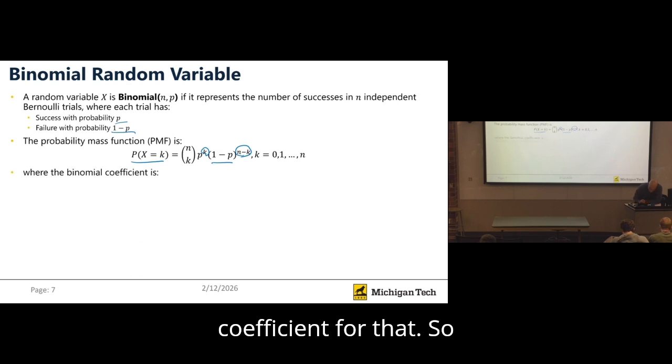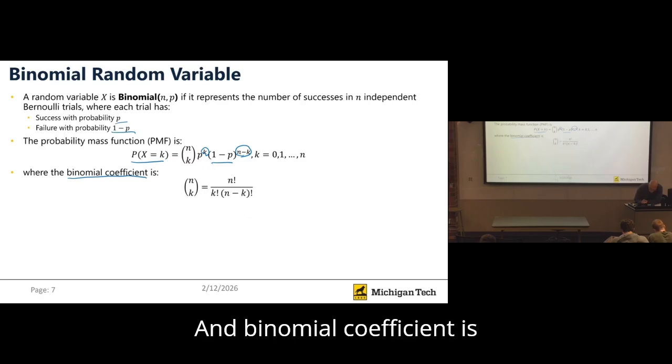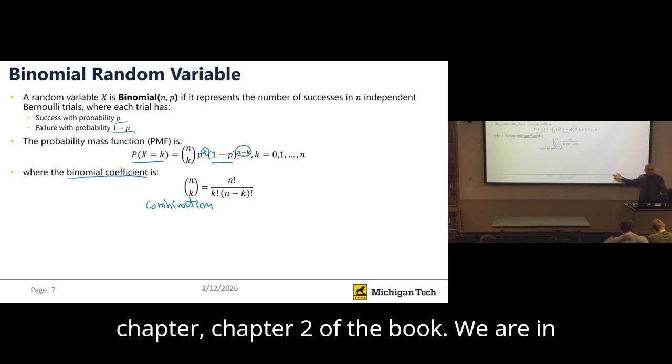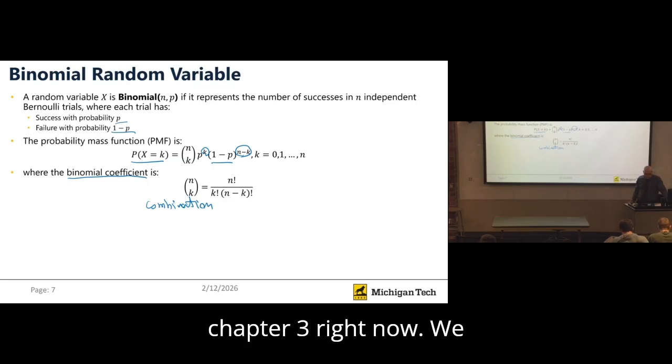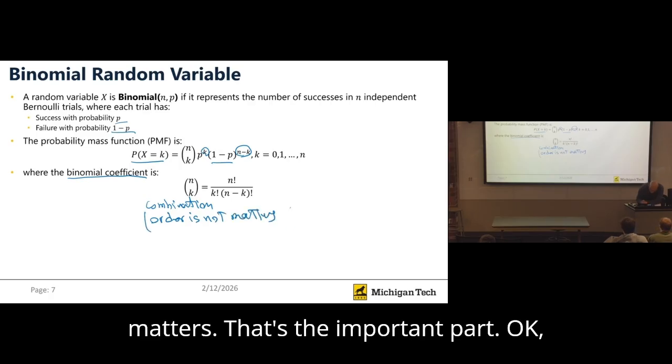That's called the binomial coefficient, and the binomial coefficient is a combination. We had combination in the last chapter, chapter 2 of the book. We are in chapter 3 right now. We talked about permutation and combination. In combination, order does not matter. That's the important part.